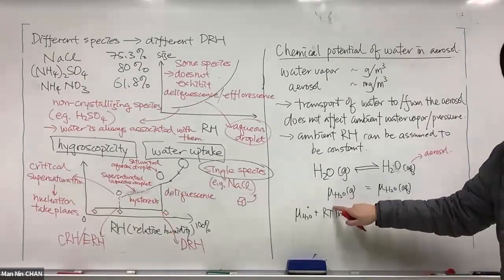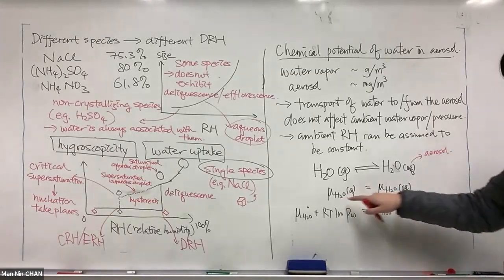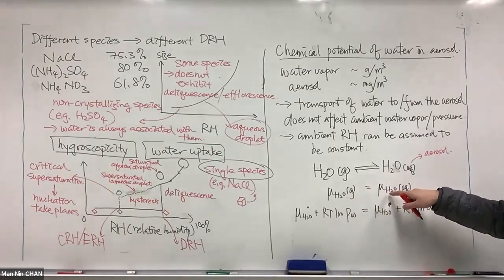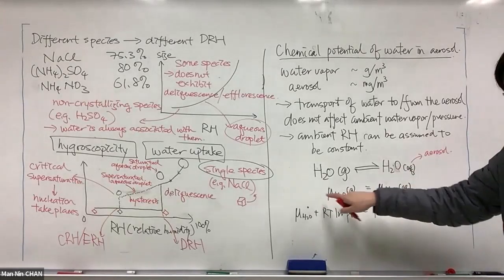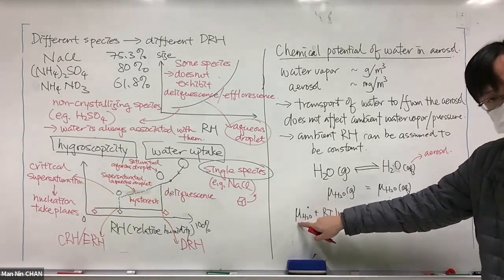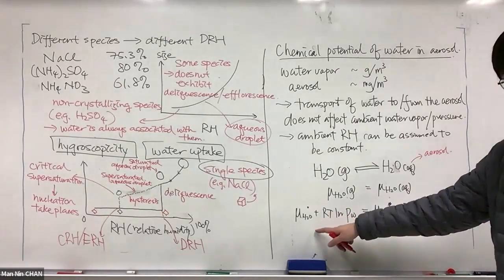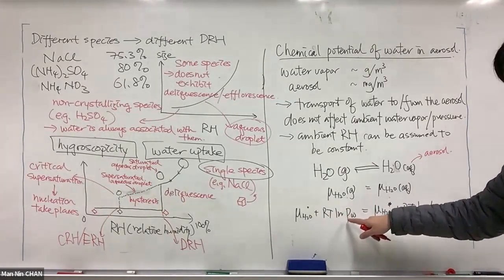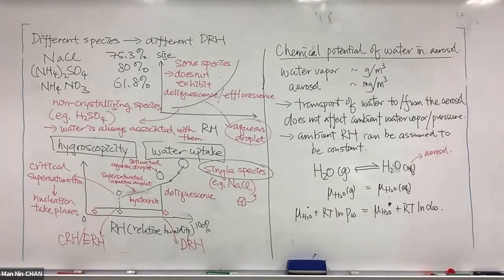The chemical potential of your water molecule in the gas phase will be equal to the chemical potential of the water molecule in the aqueous phase at equilibrium. And then you can expand these. This is the reference state of the water vapor in the gas, if you remember, and then this will be equal to RT times the natural log of PW, where PW is the partial vapor pressure of your water vapor, or your water vapor pressure.